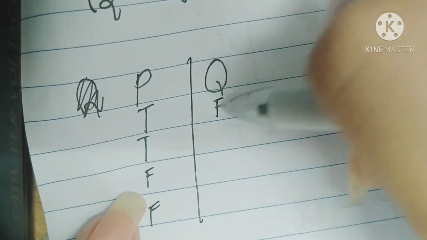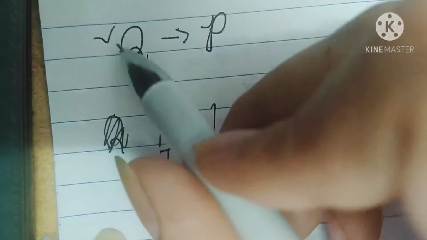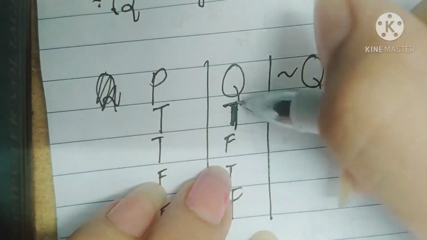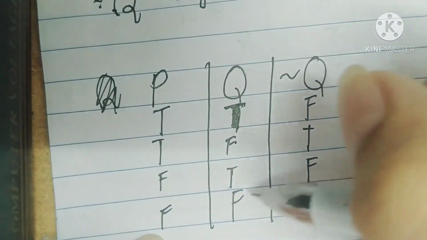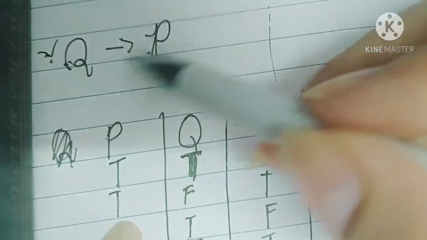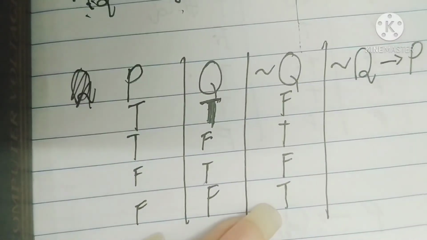And for the Q, you have true, false, true, false. Since you have to negate the Q in your proposition, you have to negate the Q first. So the true will become false, the false will become true, the true will become false, and the false will become true. So you can now solve for this proposition: negation of Q, then P.